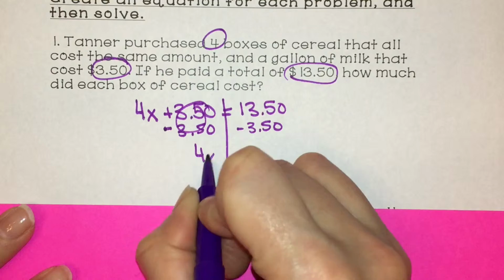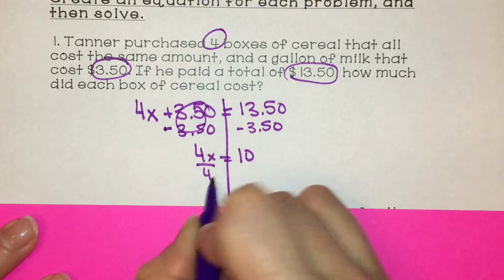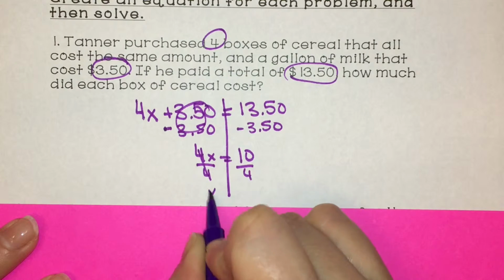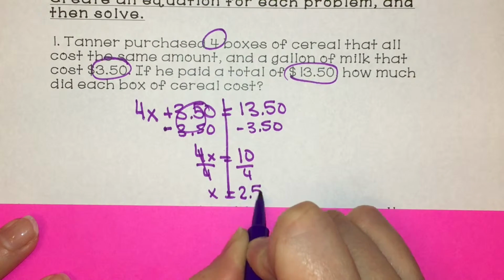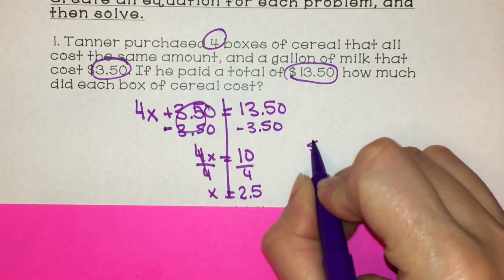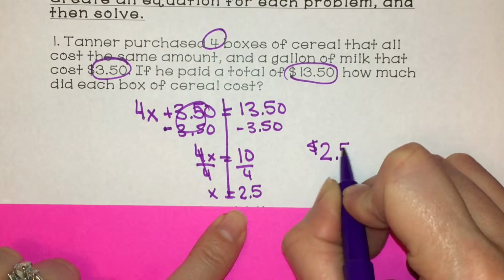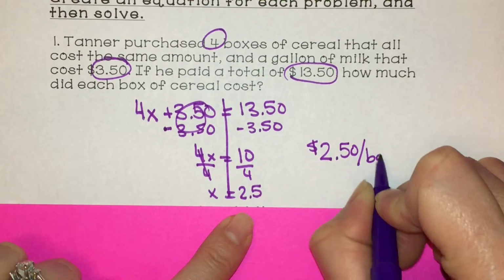And we get 4x equals 10. Divide both sides by 4, and x is equal to 2.5. If we're talking about dollars though, because how much did each box of cereal cost, we would have to write this out as actual dollars. So it would be $2.50 per box.